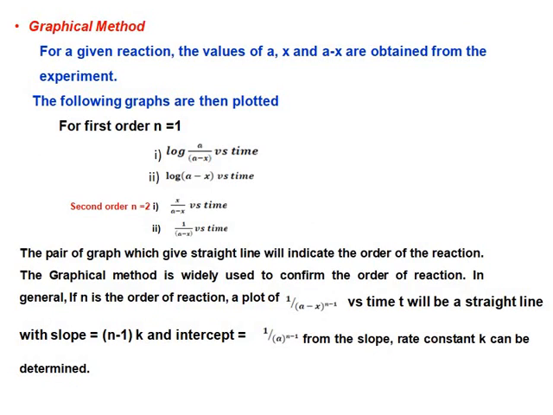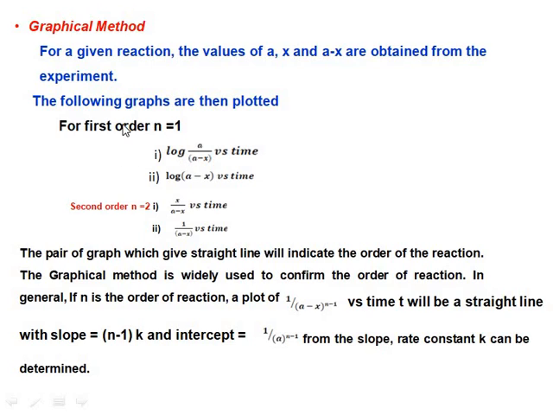Next, we are going to learn the graphical method. For the graphical method, similarly, the values of a, x and a minus x are obtained experimentally, and then from these values we obtain the graphs.